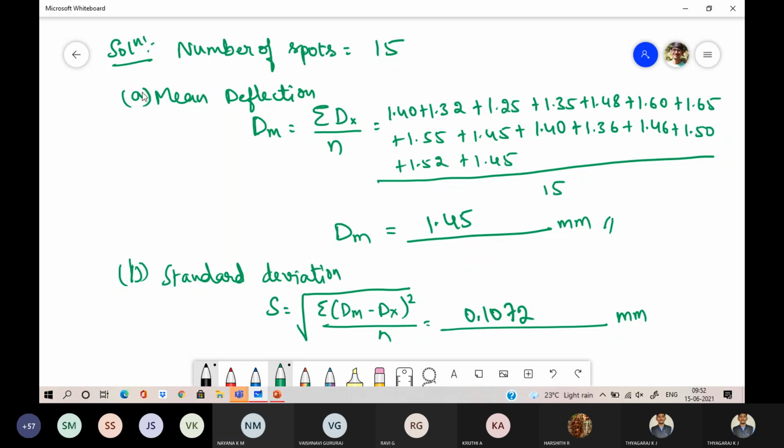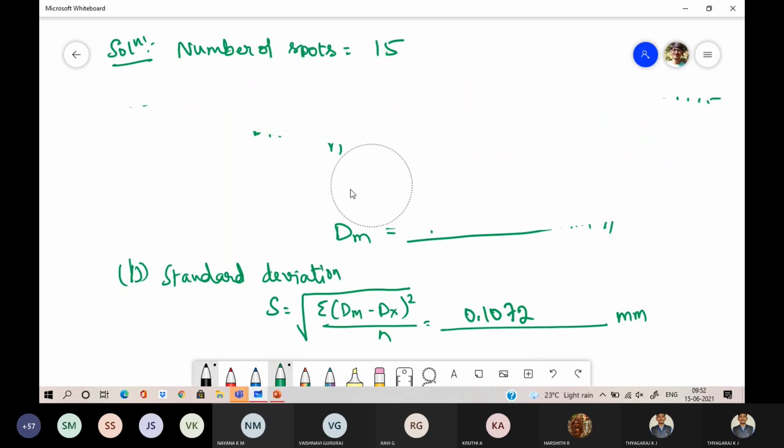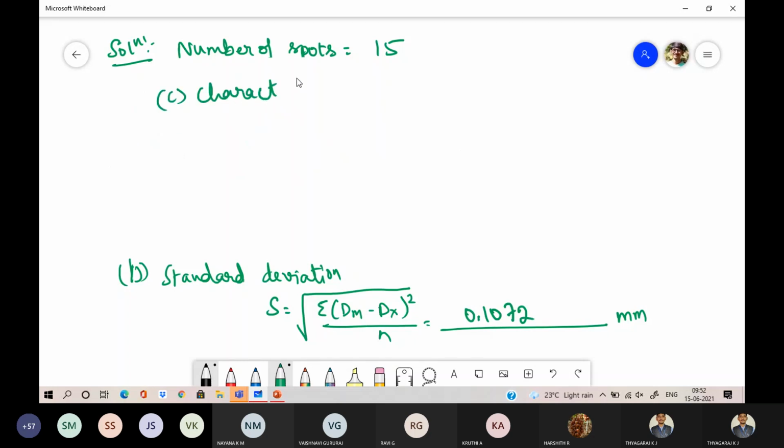Next part is the characteristic deflection. We'll calculate the characteristic deflection. What is the formula? Since it is heavy traffic, we will consider DC is equal to dm plus 2s.